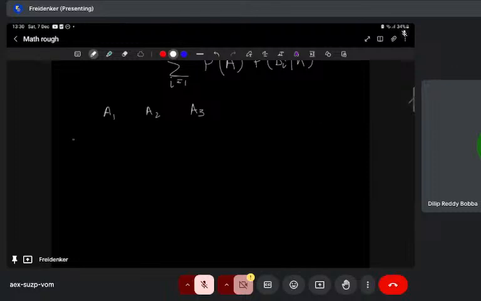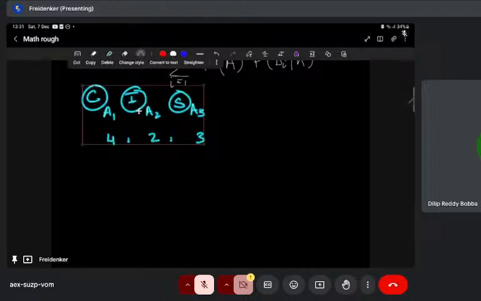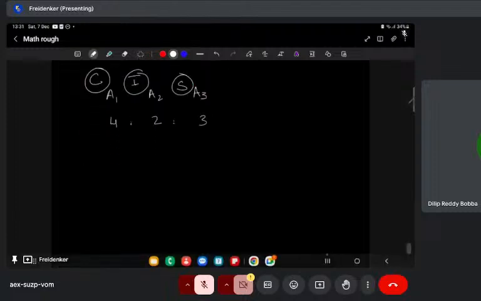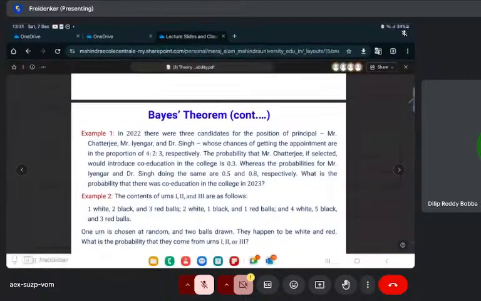This was 4 is to 2 is to 3. This was Chatterjee, this was Iyengar, this was Singh. And what is the probability that co-education is going to get introduced? 0.3, 0.5, 0.8.